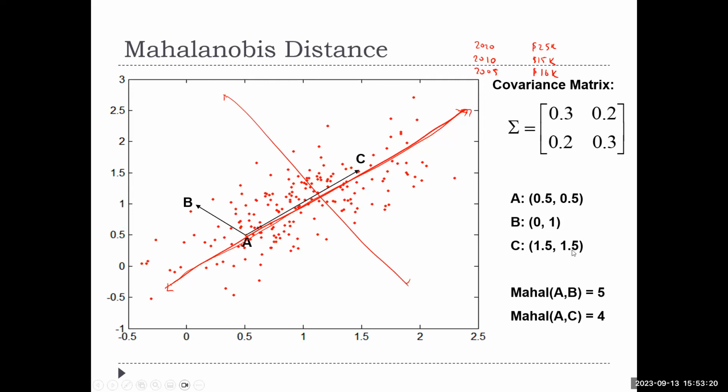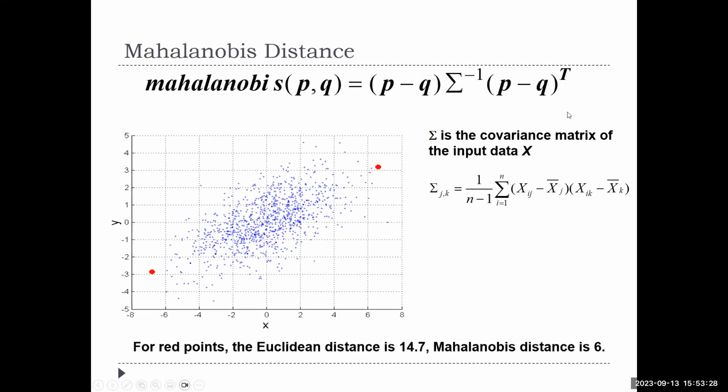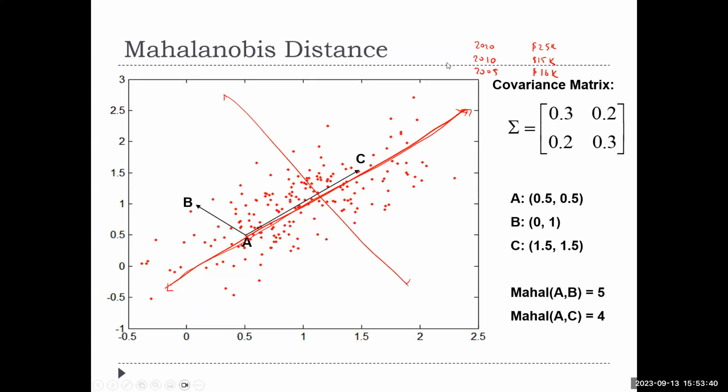Then when you compute the Mahalanobis distance for this covariance matrix, the formula is P minus Q, inverse of covariance matrix, then P minus Q transpose. So that's the formula.